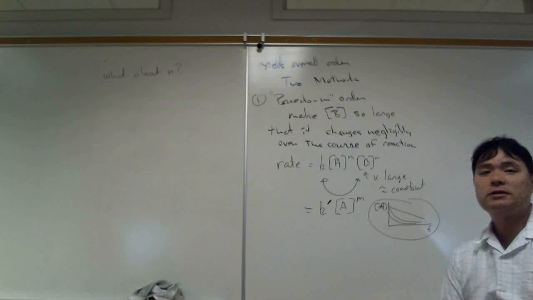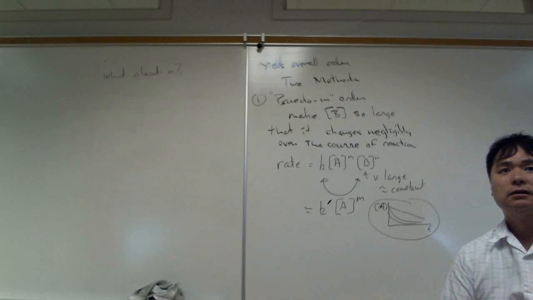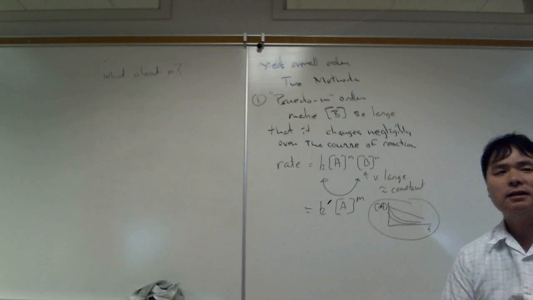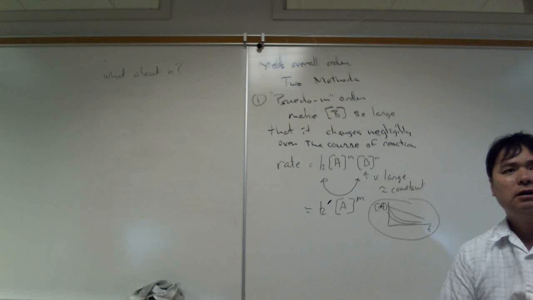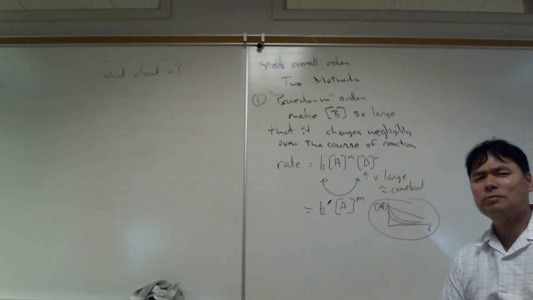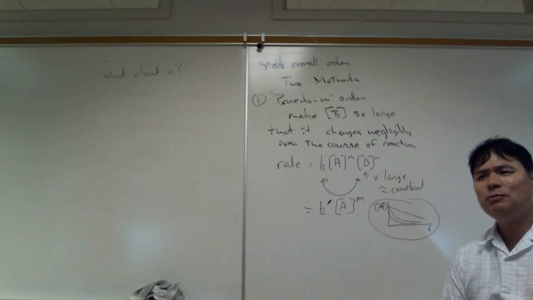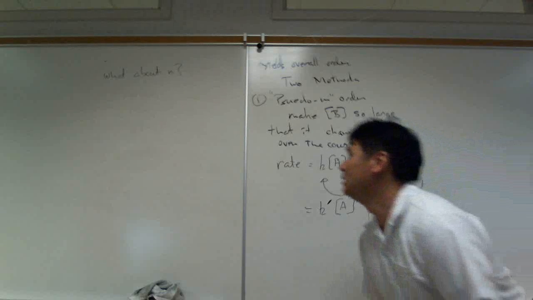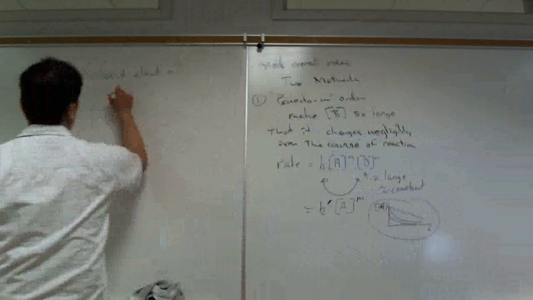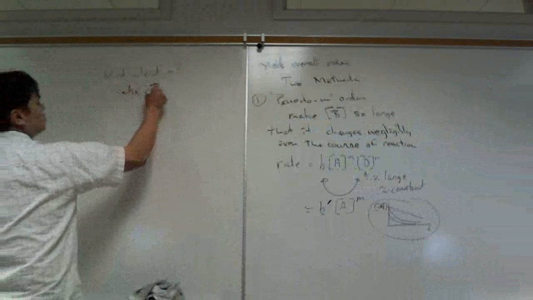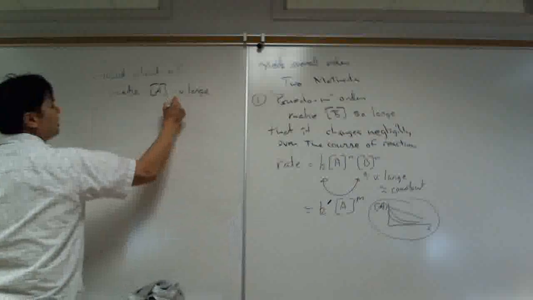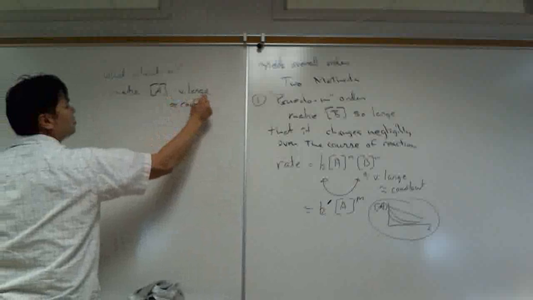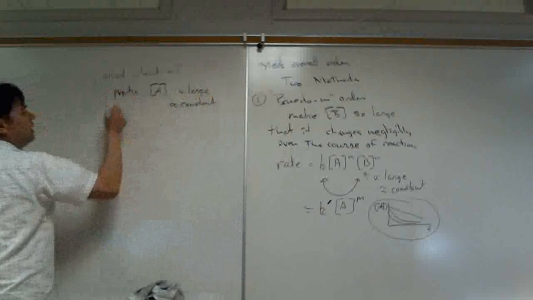We do the opposite, which is make A so big that the change is negligible. And therefore B is changing dramatically, and B will impact the rate. So here, just make the concentration of A very large so that it's fairly constant over the course of the reaction and it doesn't really change.